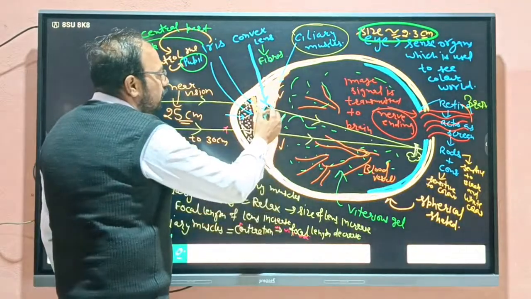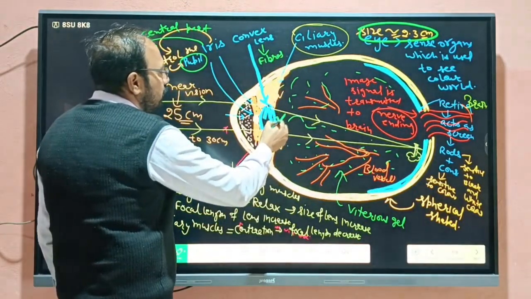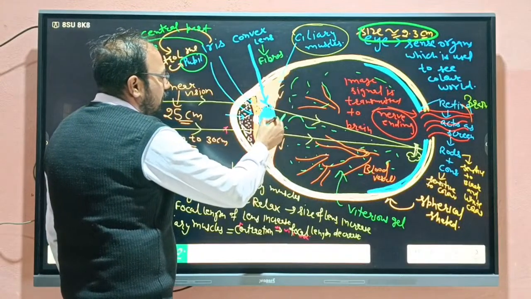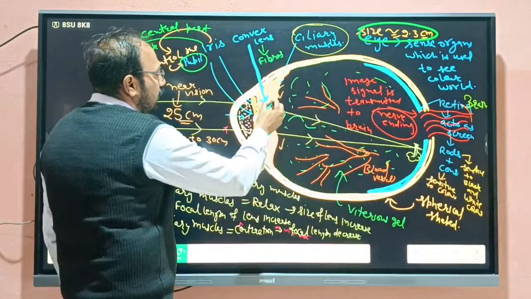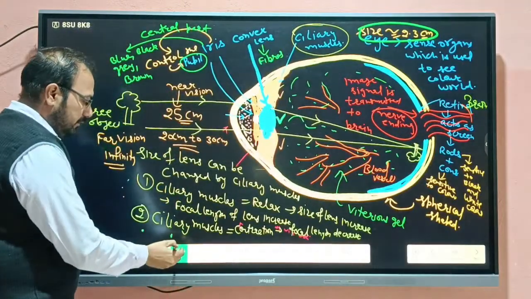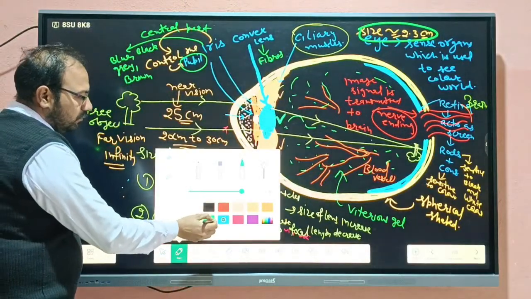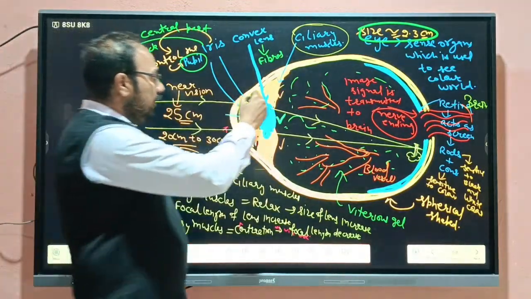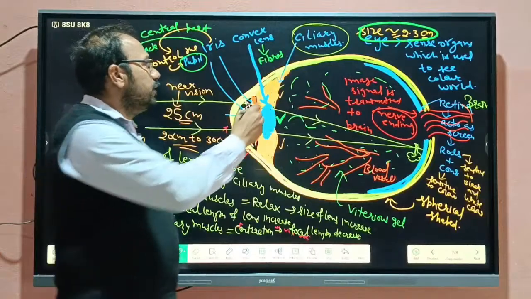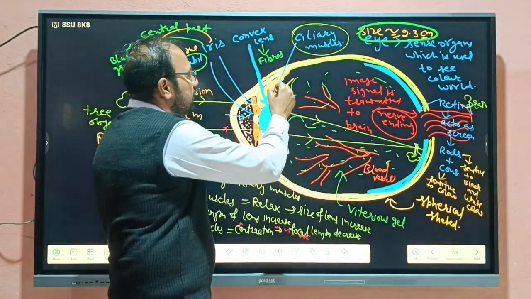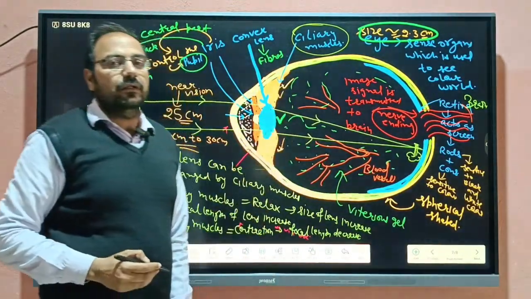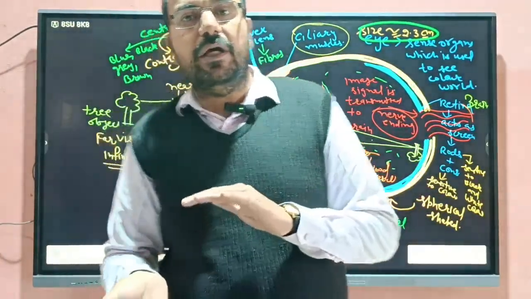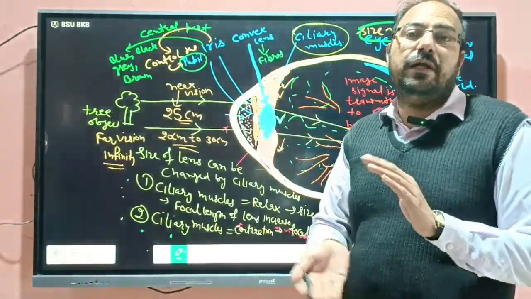So like this. This part is the lens. And this lens is held by the ciliary muscles. These are the ciliary muscles, in orange color. Basically, they change the shape of the lens by changing the thickness of the lens.